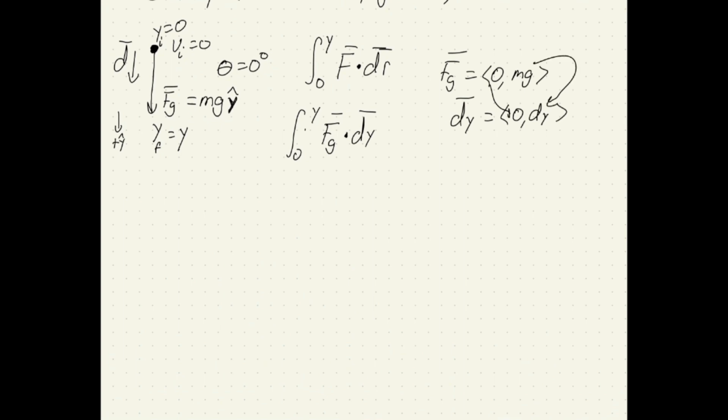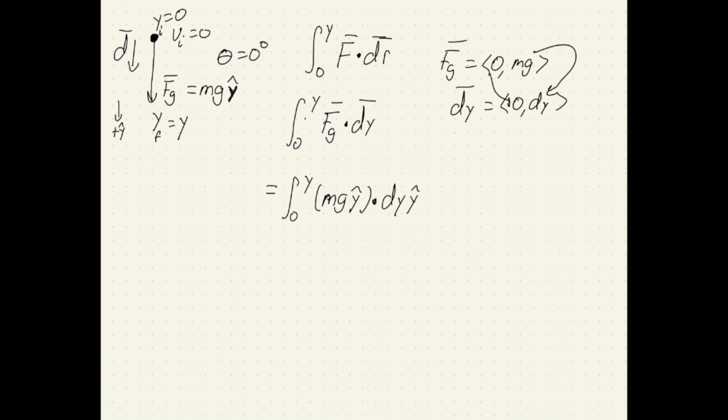So what I get is my integral from 0 to y of force of gravity, which is mg y hat, dotted into dy y hat. Still integrating from 0 to y, I'll have m times g times dy, and then I have y hat dotted into y hat, but that is just 1.